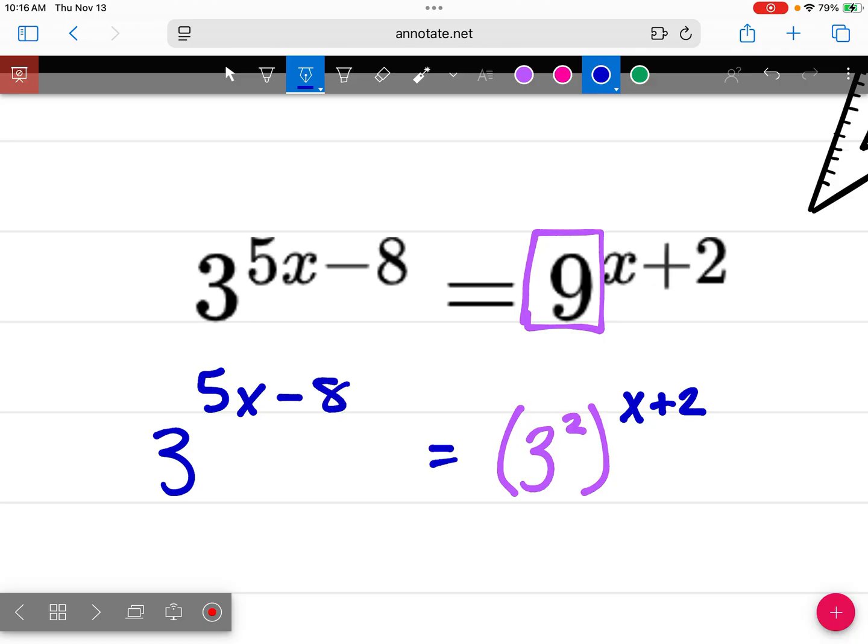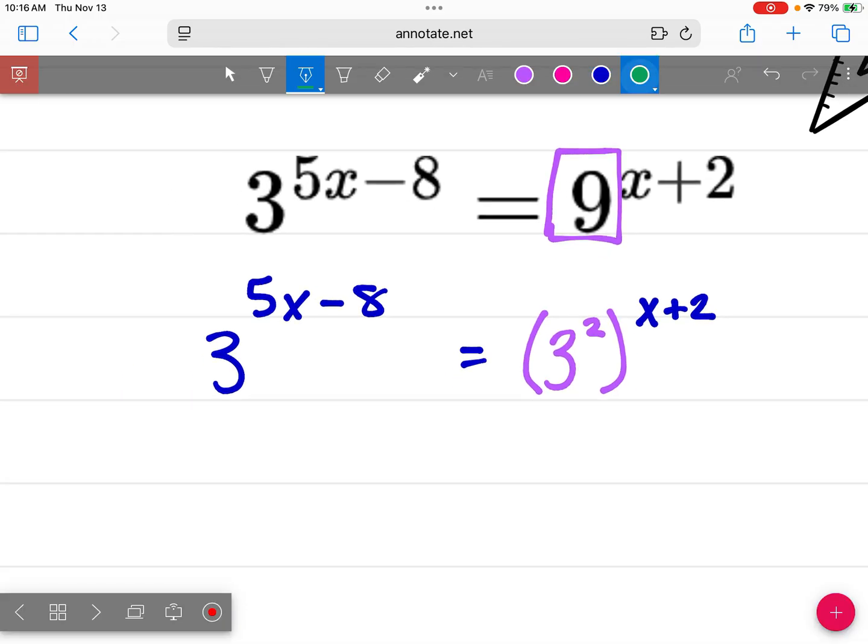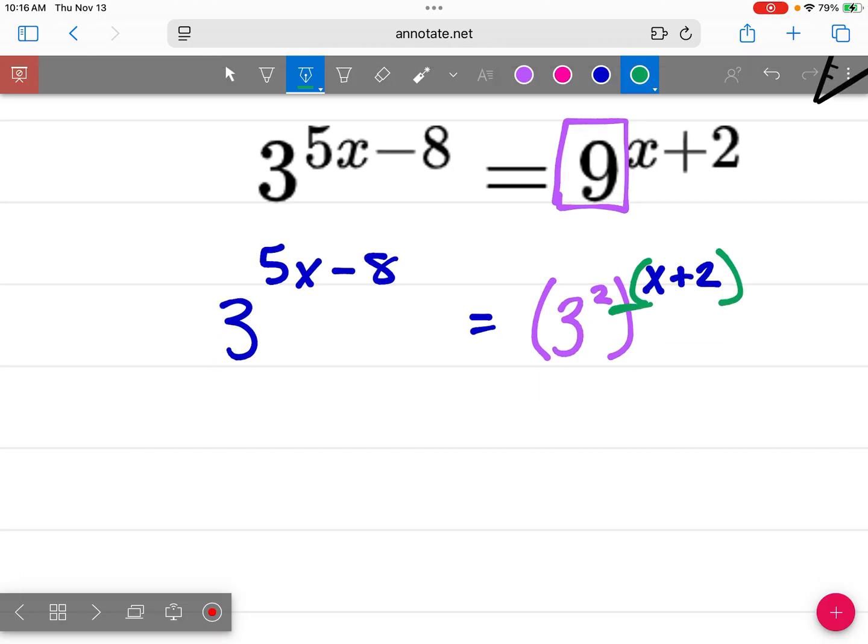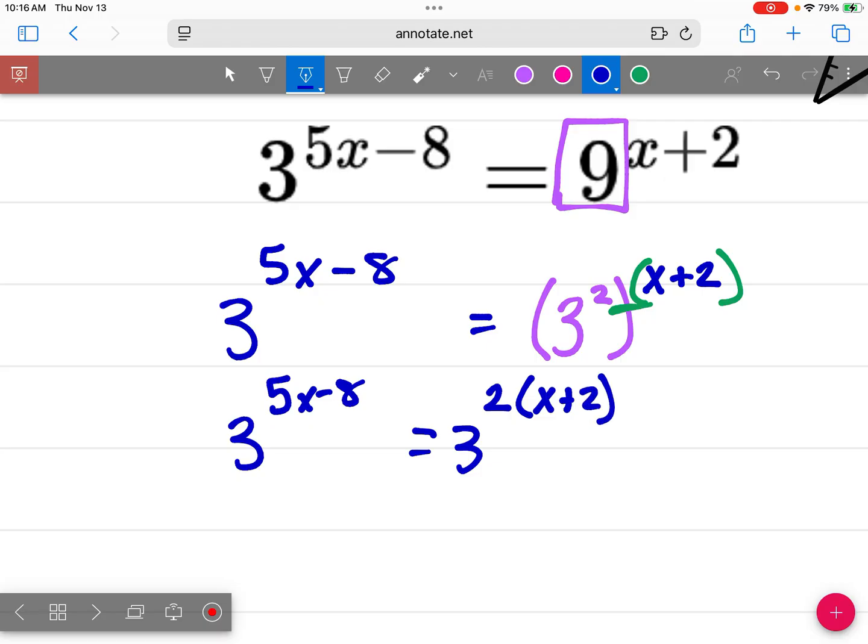So now I have powers raised to powers, and I'm really close to having the same base. What do I do when I have a power raised to a power here, between this 2 and the x plus 2? It's going to multiply 2 times the x plus 2. So this is the same thing as having our 3 to the 5x minus 8 equal 3 to the 2 times x plus 2.